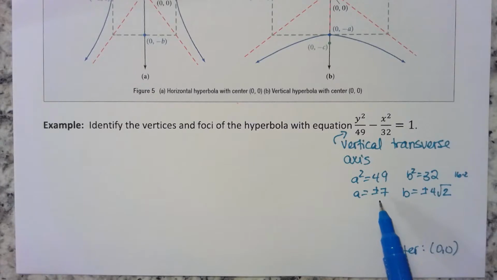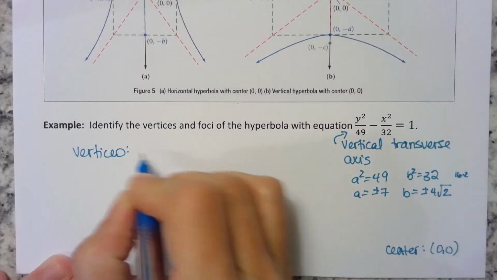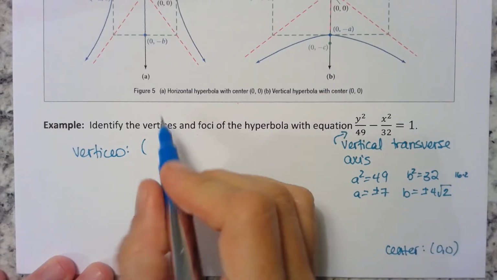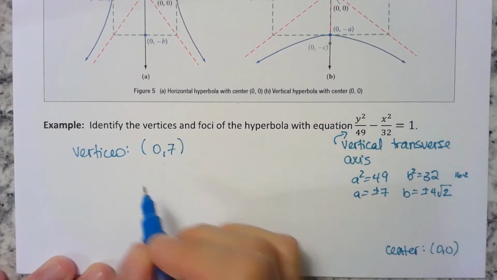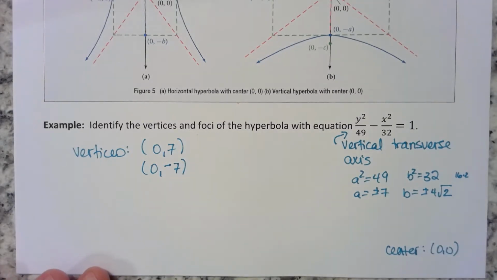The transverse axis is vertical, so it is going up and down from 0, 0. That means it's going to go 7 up and 7 down. That means the vertices are going to be 7 up from the origin, so 0, 7, and 7 down from the origin, so 0, negative 7.